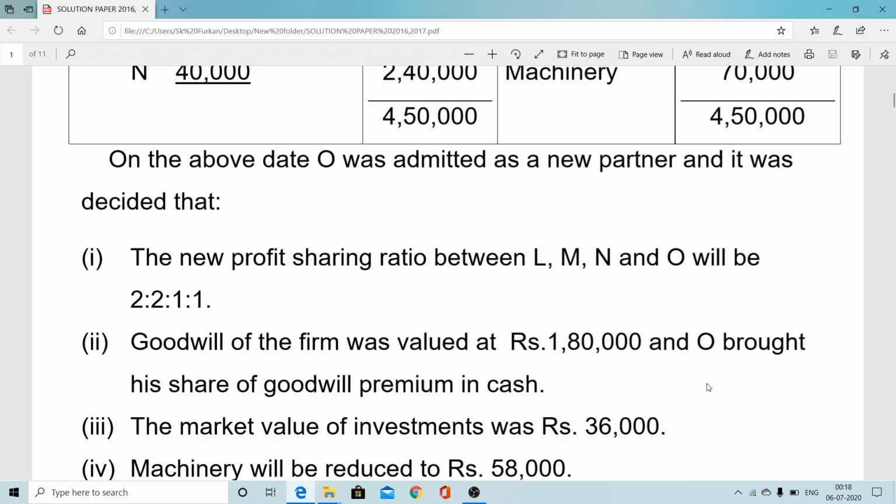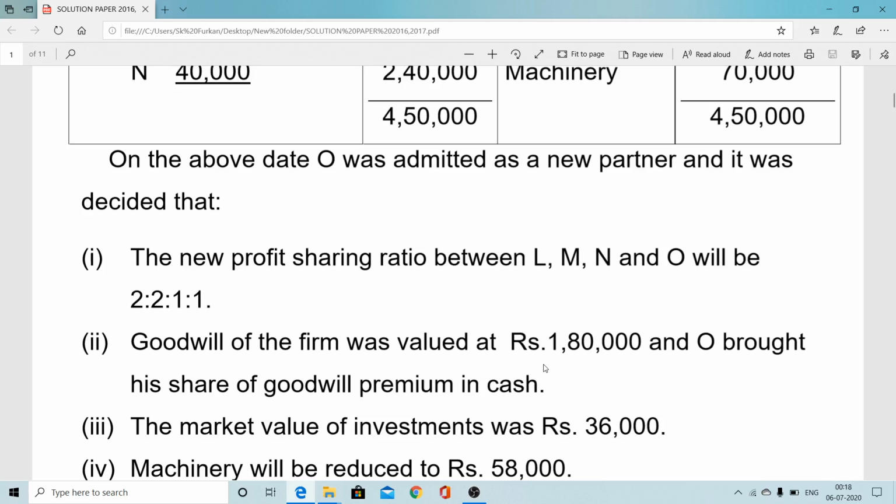When a new partner is able to pay his share of goodwill money, we apply the premium method. Under the premium method there are two journal entries: first, bank account debit to PGW, and second, premium for goodwill account debit to old partners' capital accounts in the sacrificing ratio.